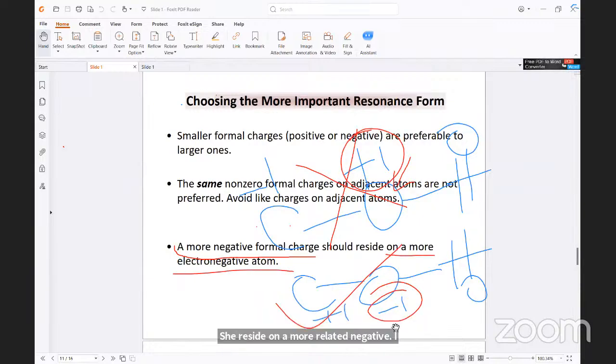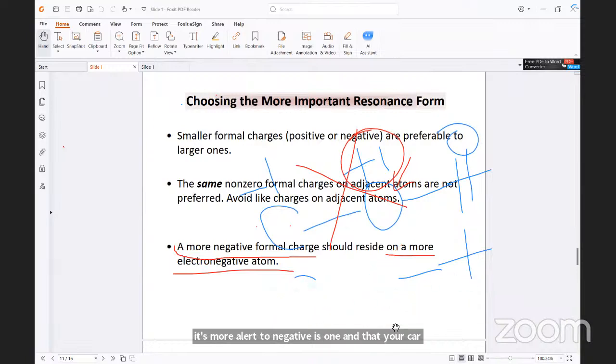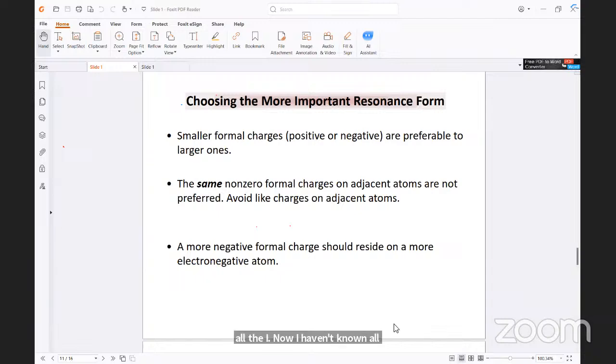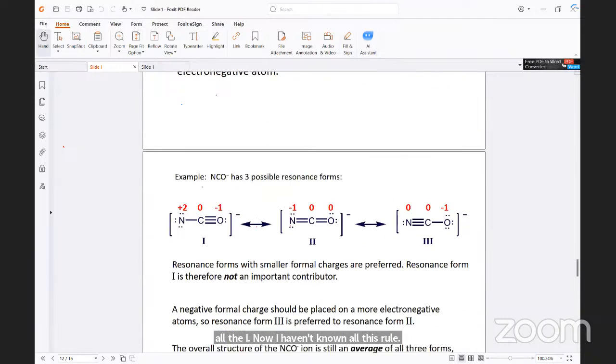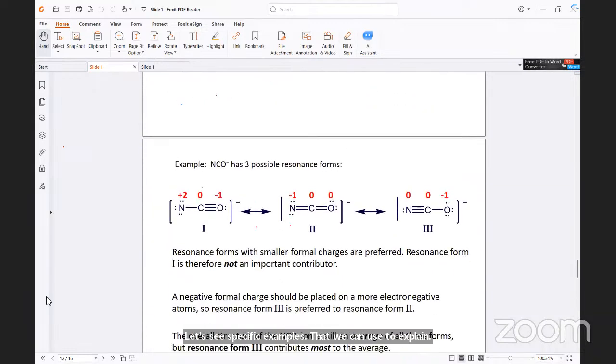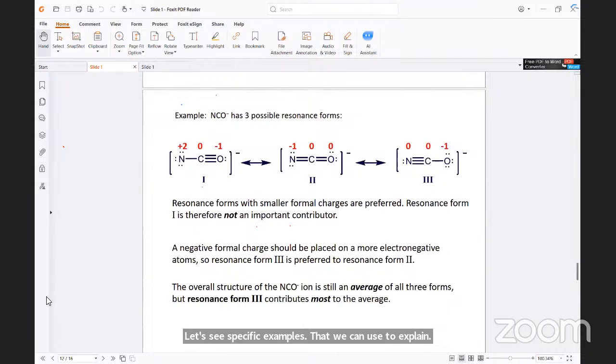So my oxygen, because it's more electronegative, is the one that should carry the negative charge and not the carbon or the hydrogen. Now, having known all these rules, let's see specific examples that we can use to explain and illustrate the rule. Now, there is this NCO minus.